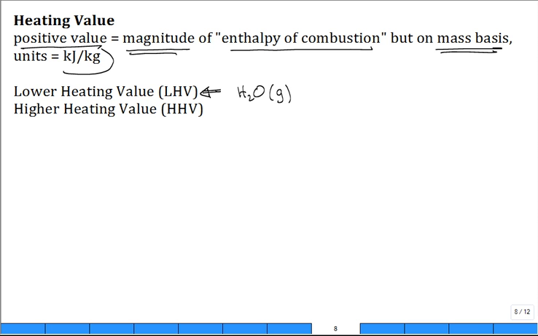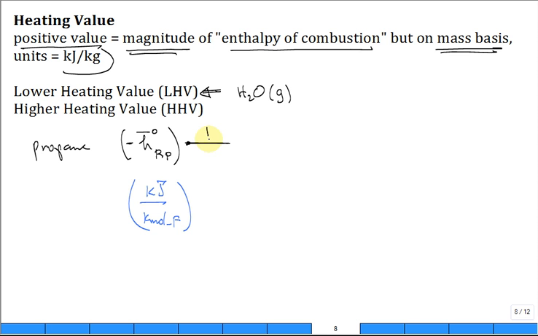Okay? So before, for the propane, we had a value for this standard enthalpy of combustion, true? If we want to calculate a lower heating value, first of all, get rid of the negative sign. And now it'll be how many kilojoules, just chasing units, how many kilojoules of heat release per kilomole of the fuel. That's the units on this term. If I now multiply or divide by the molar mass of the fuel, what's the molar mass of the fuel?